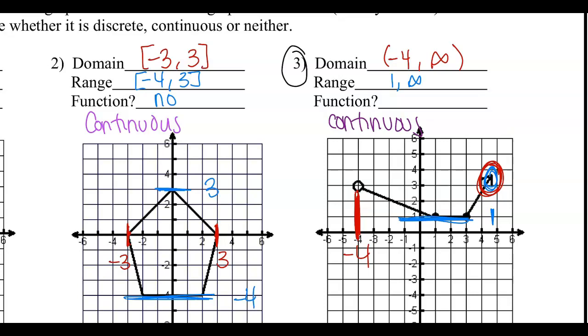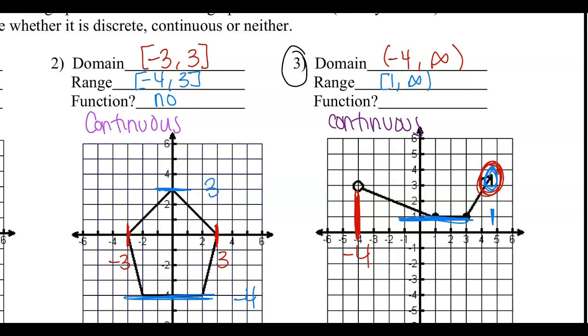Positive infinity should have a parentheses behind it every single time. 1, however, in this case, is along this little horizontal line, and there's 2 closed circles here. I don't see an open circle along here. So especially since there's 2 closed circles, it's going to be a closed, included value.